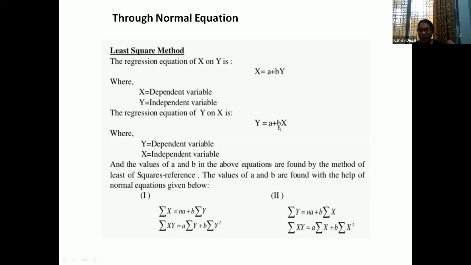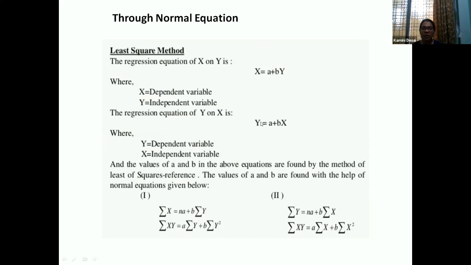Here, if you add x1 plus x2 plus x3, that is multiple regression. We want to judge a person's height, weight, living habits, and education. Here the dependent variable can be systolic blood pressure.